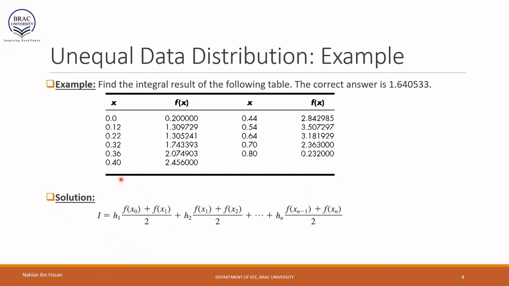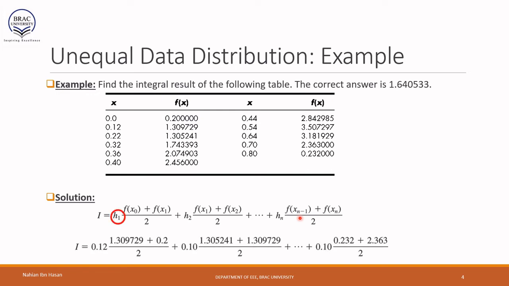First of all, we will apply the simple trapezoidal rule at each of these segments. Then we will combine the results of Simpson's rules and trapezoidal rules and compare the results. So in the first segment we have width h1, in the second segment we have width h2, and in the last segment we have width hn.